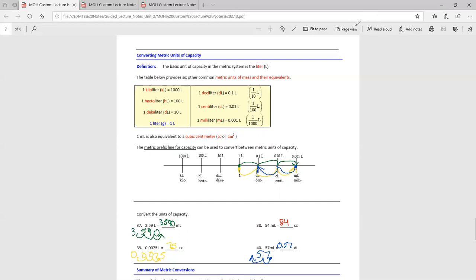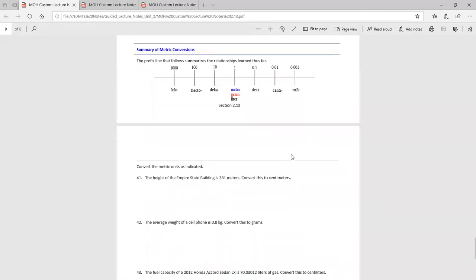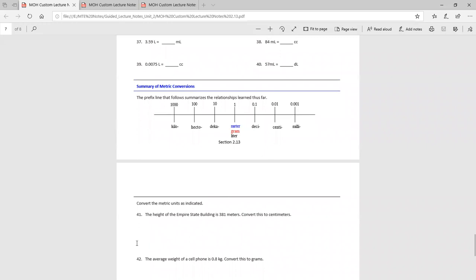Let's do one last problem from this section before we move on. I've been focusing mainly on just the direct conversions, but let's see one from a word problem. The height of the Empire State Building is 381 meters, and we want to convert this to centimeters. I don't know why anyone would want the height of the Empire State Building in centimeters, but it's a math problem, so we're going to do it.